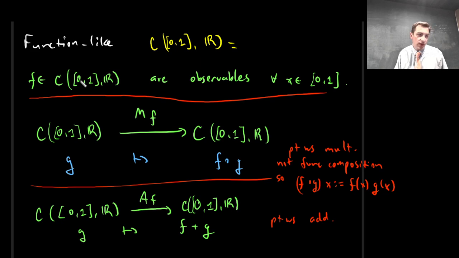So this is a much more geometric feel where these are like sections of some bundle. And then when we think of a function f that's inside of here, well, this is m_f, or multiplication by f, so you can think of the transformation. It'll take a g and do f times g.